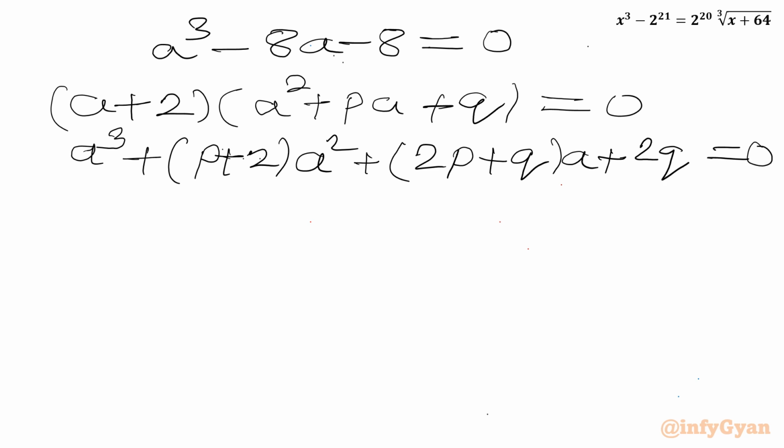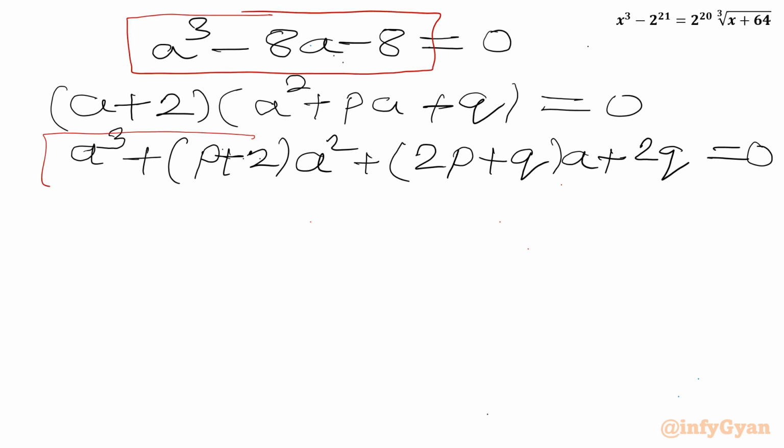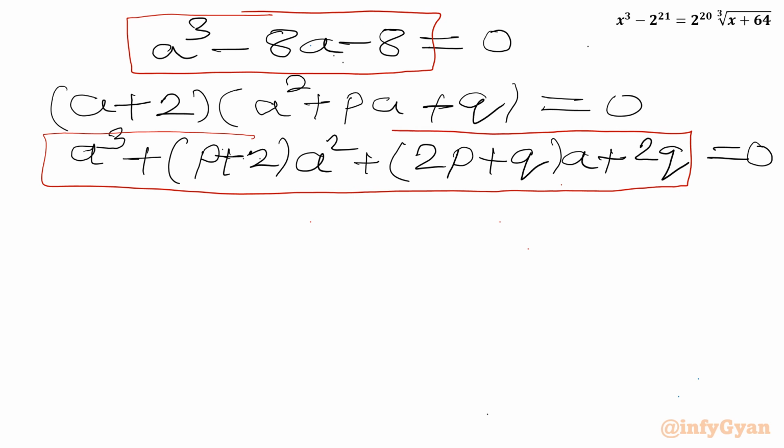Now we can compare both the equations with its coefficient. So I can conclude from here 2q will be equal to negative 8, and p plus 2 will be equal to 0.